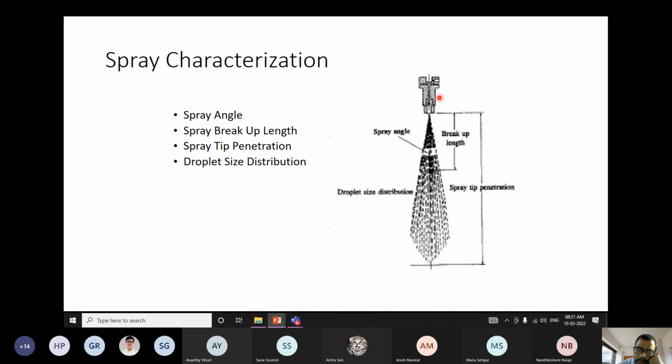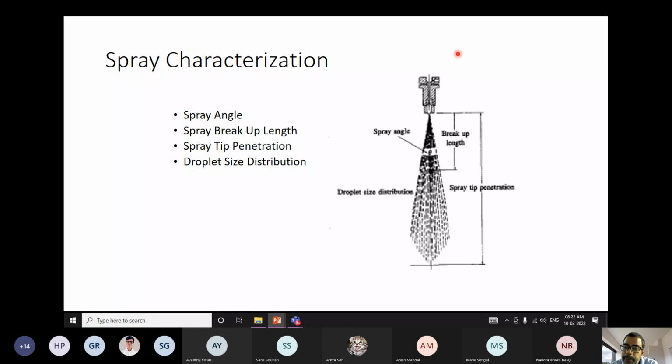First of all, if you want to do the real measurement, it means the injector is installed in the engine, and then you want to measure all these parameters inside the engine in realistic conditions. It requires a very sophisticated kind of setup. You need an optical engine.